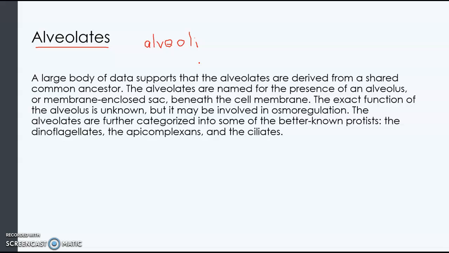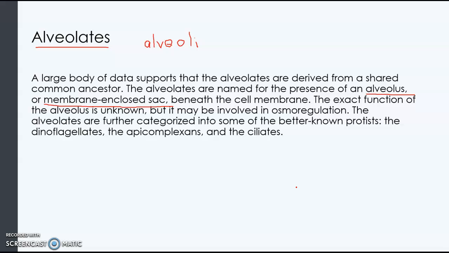So it says the alveolates are named for the presence of an alveolus, which is an air sac that is beneath the plasma membrane. We don't know exactly what it does, but they have it, so that's where they get their name.